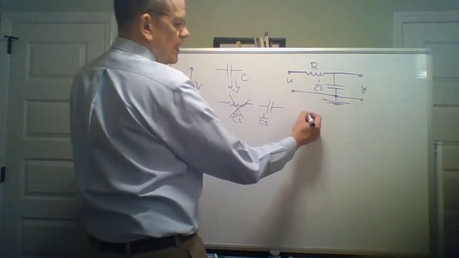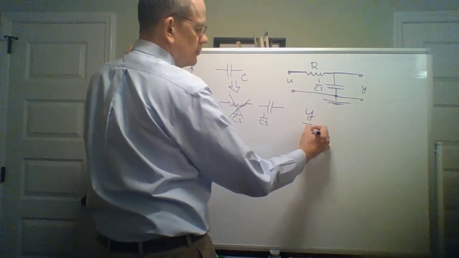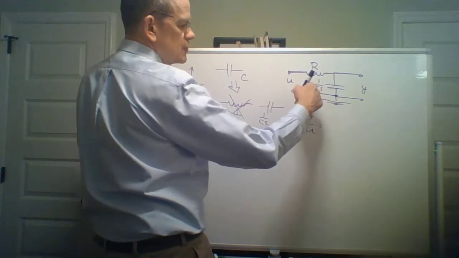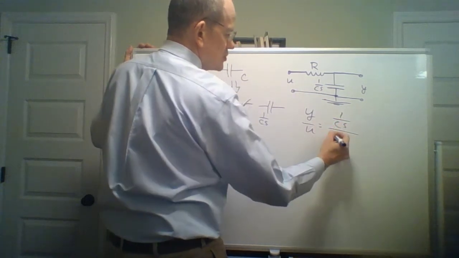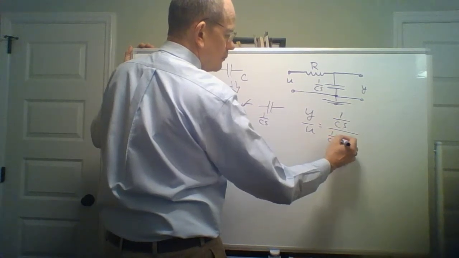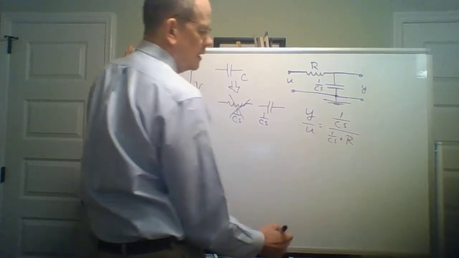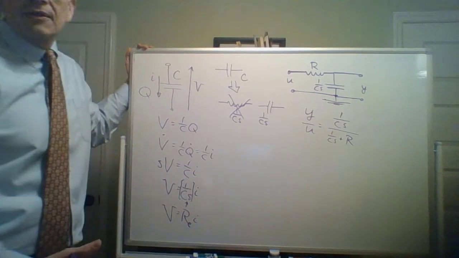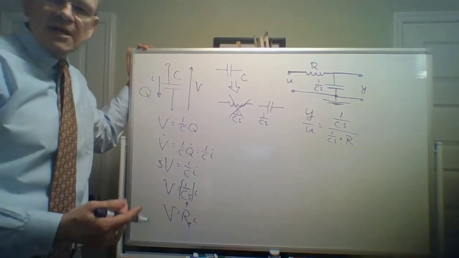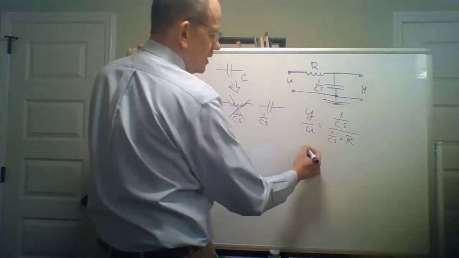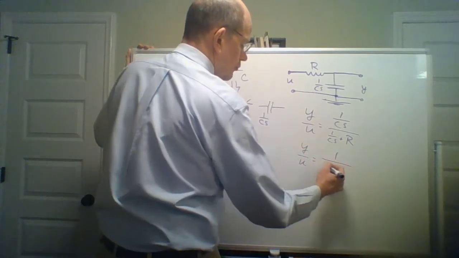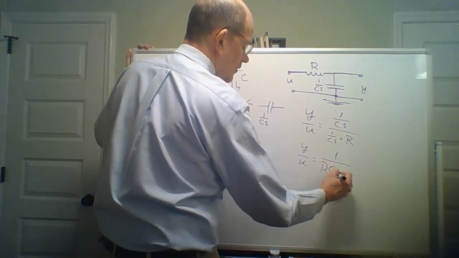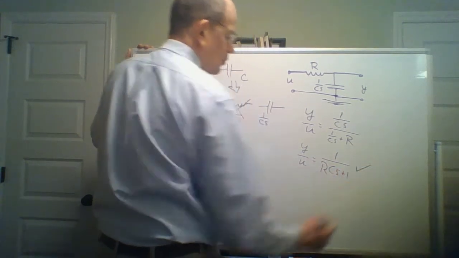So the ratio of the output voltage to the input voltage is equal to the ratio of this resistor, 1 over CS, to the total resistance, which is 1 over CS plus R. If we multiply the top and bottom by CS, to clear the fraction, we end up with y over u equals 1 over RCS plus 1. We got the right answer.